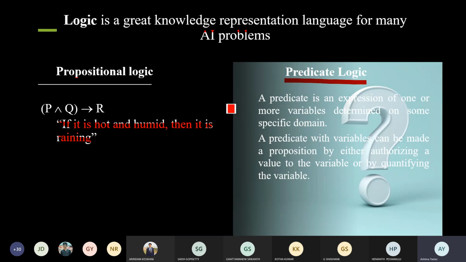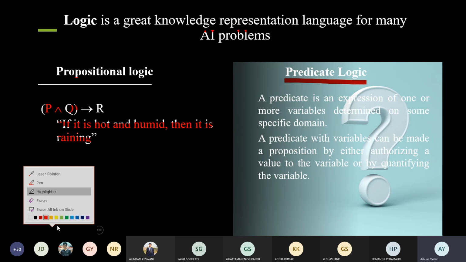If I talk about propositional logic, I can represent these individual sentences: it is hot by P, it is humid by Q, and it is raining by R. I represent these three things with these three alphabets, and then I can use some symbols to represent the complete statement.